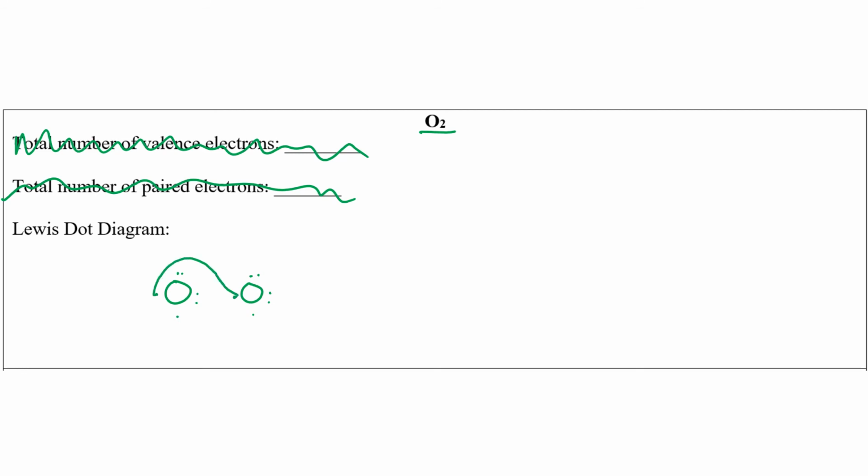So those pair up, those pair up. So I'm going to circle the number of bonds between the 2 oxygen, and I see that there are 2. So I know I'm going to have to draw 2 bonds between the oxygen, but I cannot forget about the lone pairs, so I need to draw those as well. I'm just going to draw those real quick. And I have my structure.